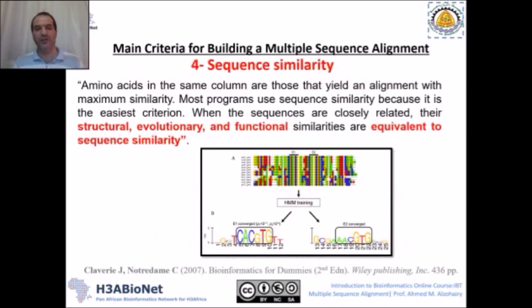Number 4 is sequence similarity, and as we always say, for most programs, when the sequences are closely related, their structure, evolutionary, and functional similarity are equivalent to sequence similarity. So simply, if all the sequences that you have gathered are closely related, you can find that all 4 criteria exist in your sequences.